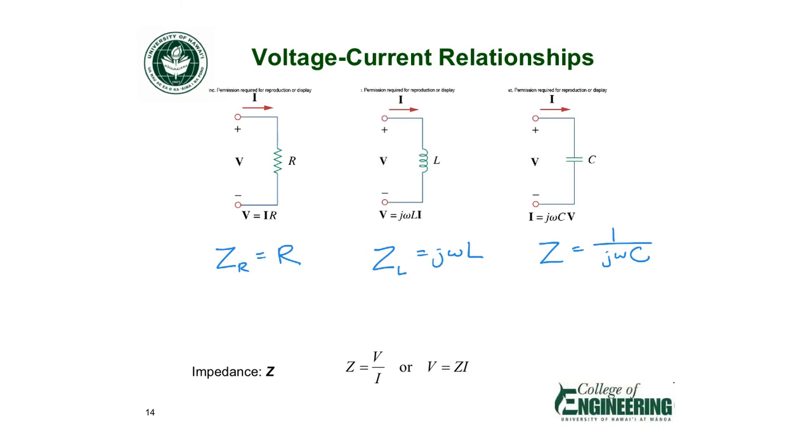Because what happens for the inductor when we make the frequency 0? So we go to DC. What does the impedance become? That impedance also goes to 0.